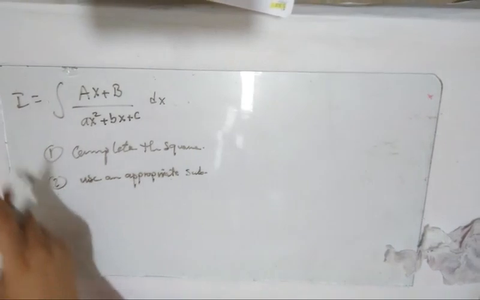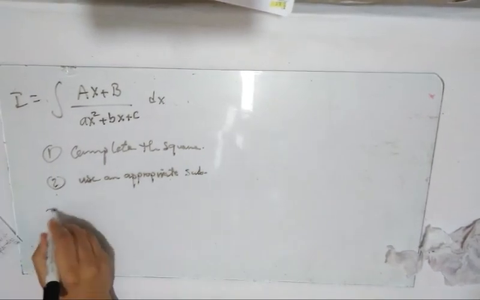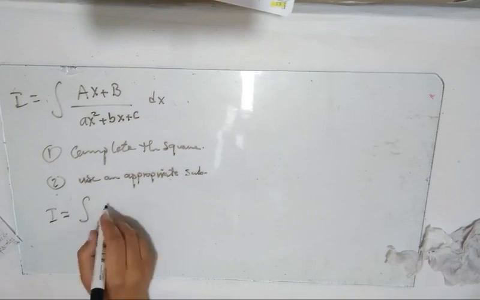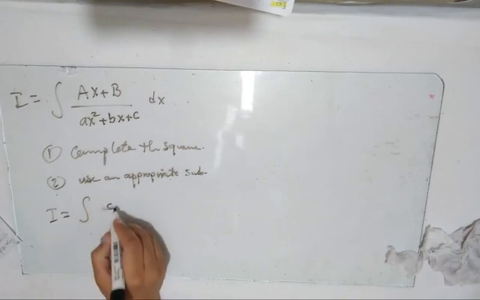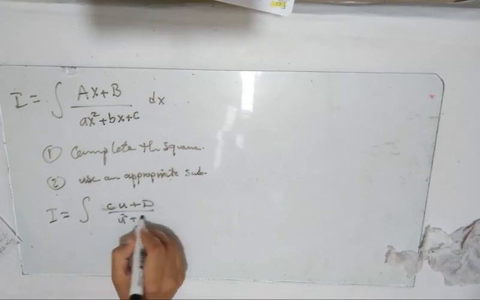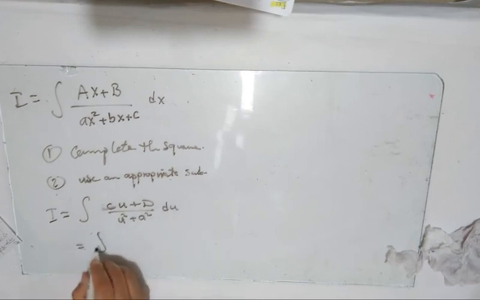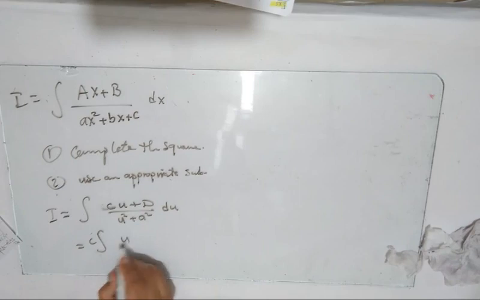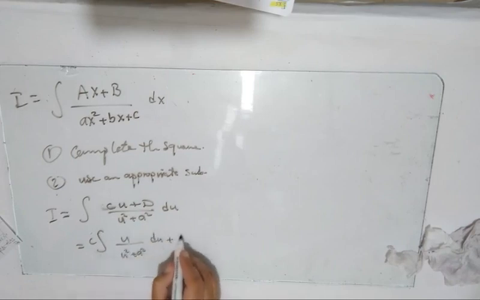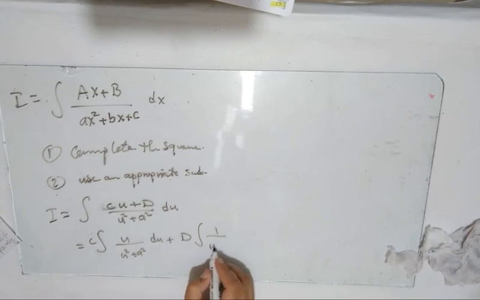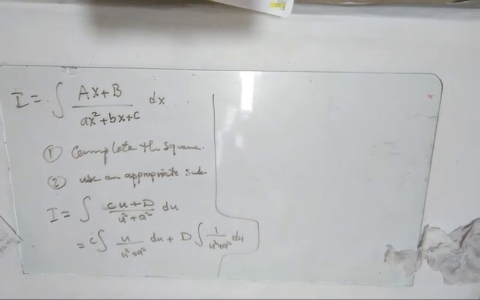If you apply these two steps, you will get an integral that will be the integral of (c times u plus d) over (u squared plus a squared) with respect to u, which can be split into two integrals: c times u over u squared plus a squared with respect to u, plus d times 1 over u squared plus a squared with respect to u, which is easy to integrate.